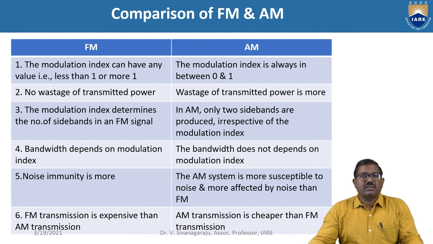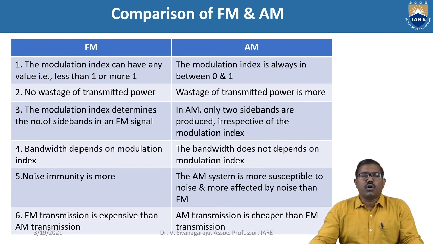And taking another one, the bandwidth parameter. The bandwidth depends on the modulation index in FM, whereas in AM, the bandwidth does not depend on the modulation index. And another important one is noise immunity.